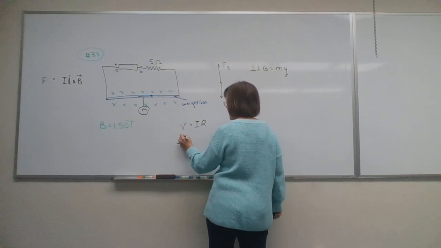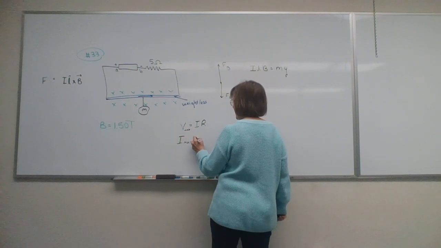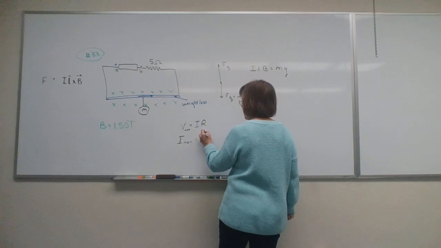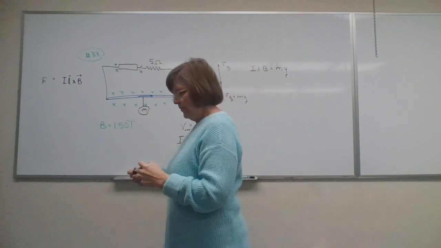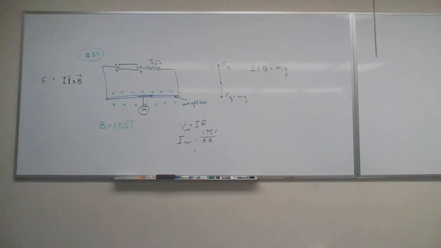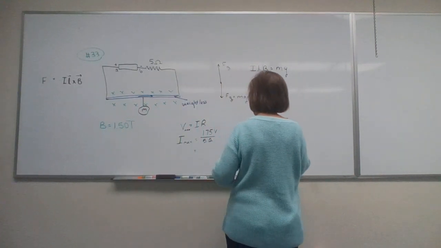So I'm getting a maximum current. This is a maximum voltage of 175 volts divided by 5 ohms. My maximum current, 175 divided by 5, is 35 amps. I can get a current of 35 amps.